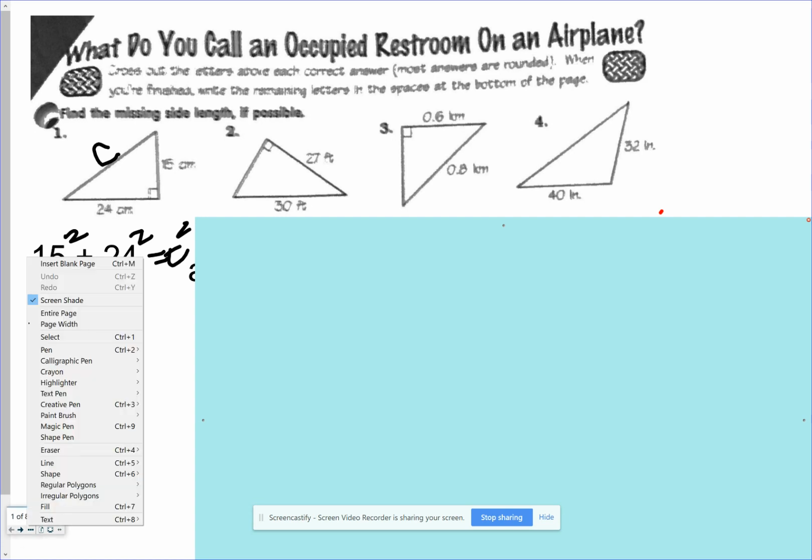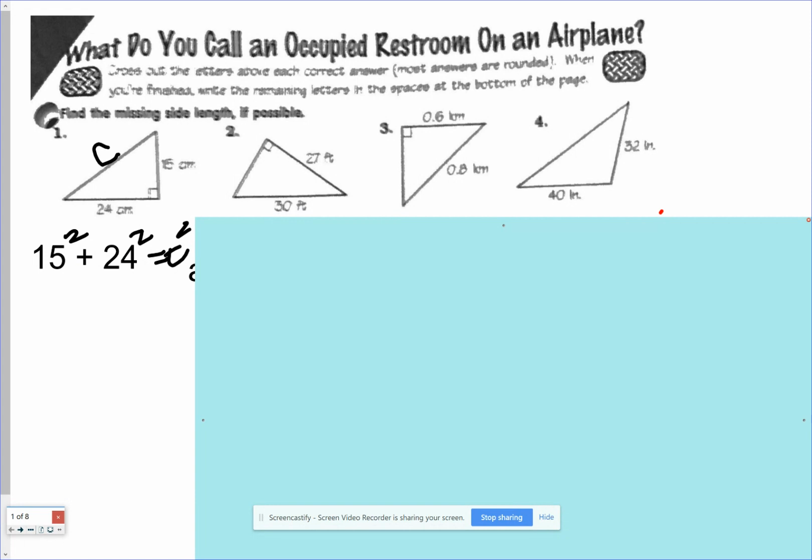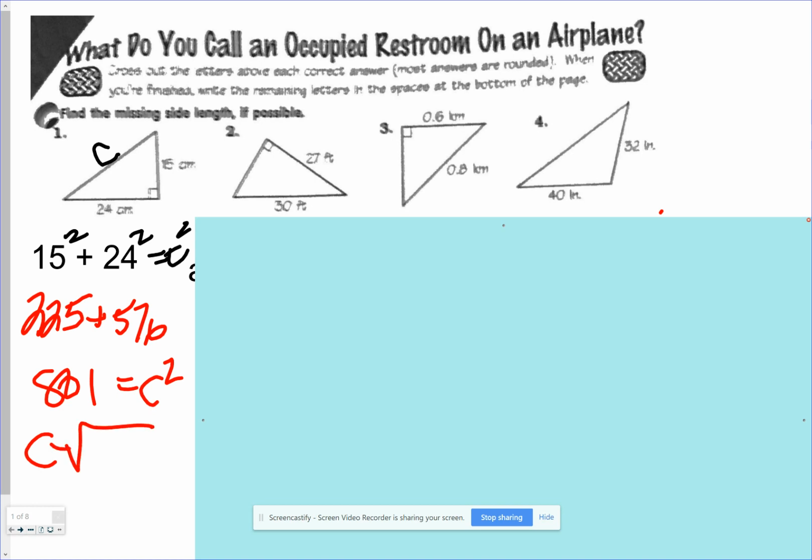And then 24 squared is 576. So when you add those two together, you get 801. That's what c squared is equal to. You need to take the square root of 801, and that's what that hypotenuse will be equal to.